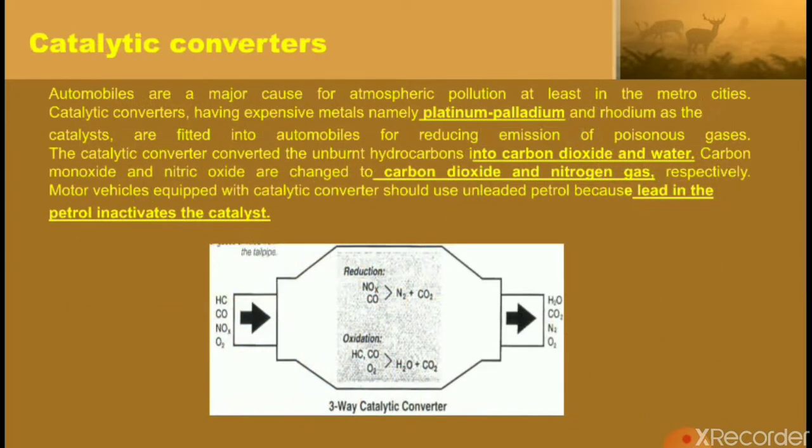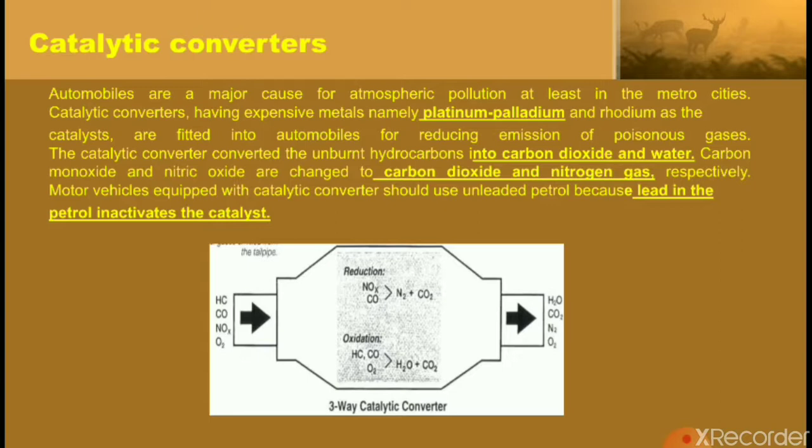The next device is the catalytic converter. Automobiles are a major cause of atmospheric pollution, at least in metro cities. Catalytic converters have expensive metals like platinum, palladium, and rhodium as the catalyst. These catalysts are fitted into automobiles for reducing emission of poisonous gases.